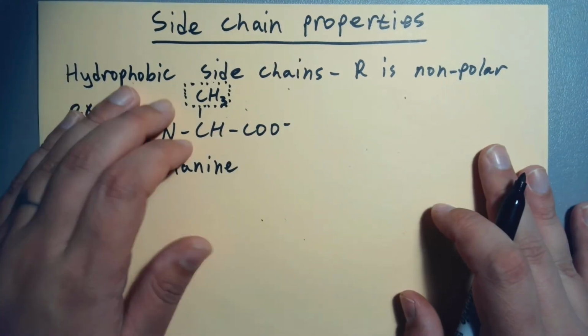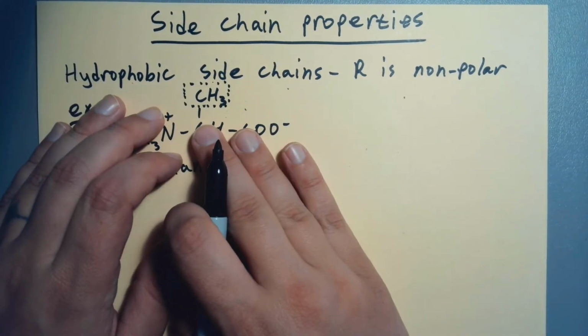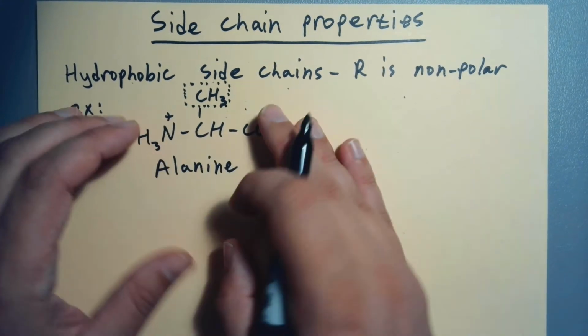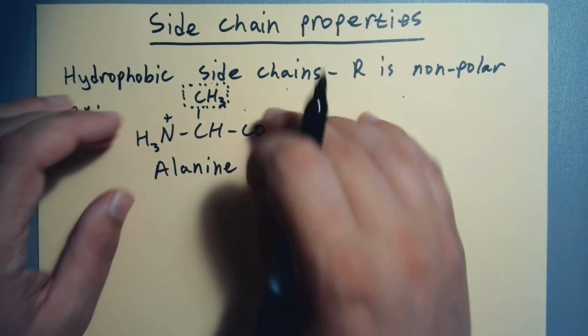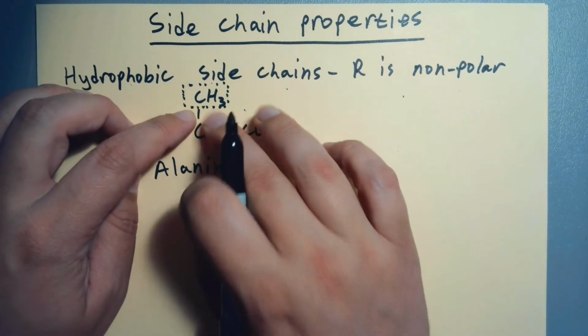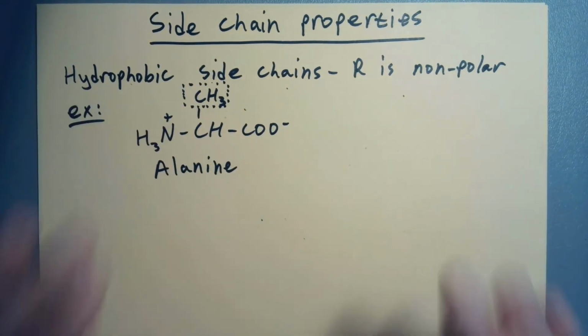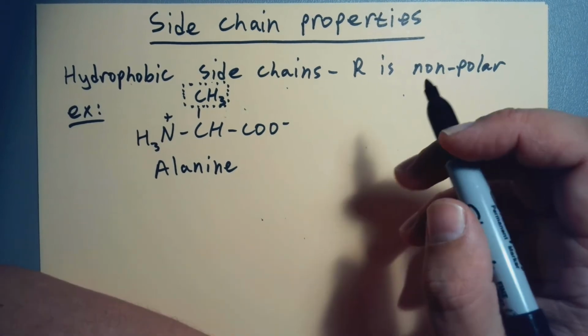Water is polar, this is nonpolar. It's not going to really want to interact with water. It's not going to be water soluble, just the side chain. Now the whole thing, to be clear, still floats around. But once we start linking them up, this side chain is going to want to interact with other nonpolar stuff. And that's a really important detail for later.